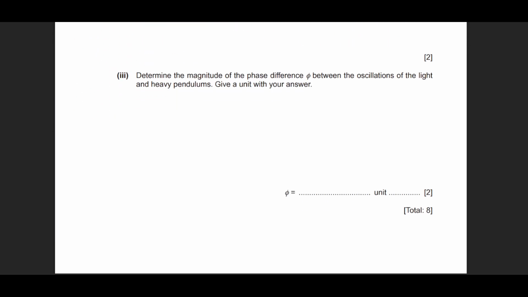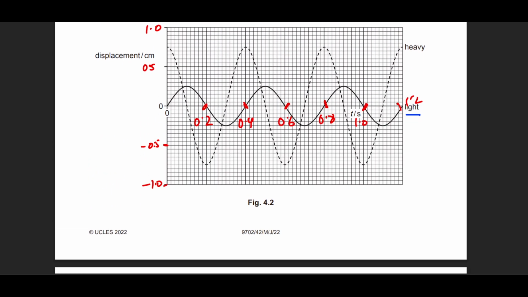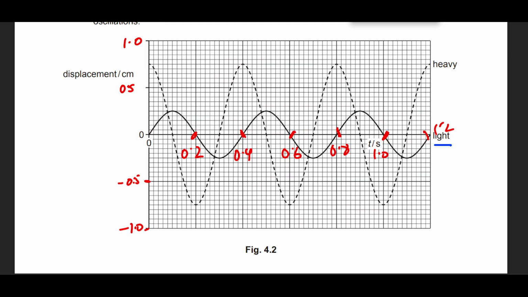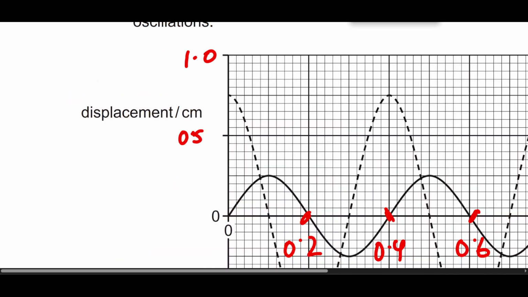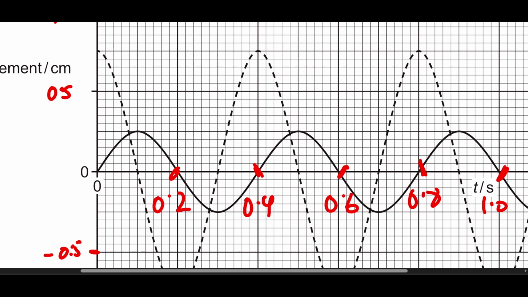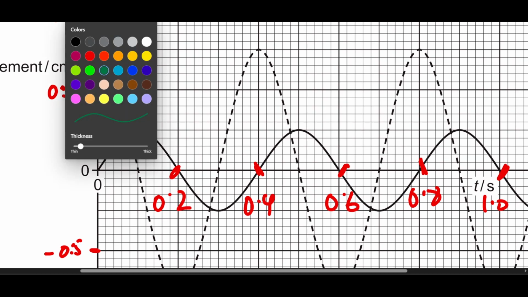Determine the magnitude of the phase difference between the oscillation waves. Now, very simple question. This is from an AS level question. Very, very easy. You could have visualized it from 2 to 3 different places. Let me do it for you. So let's zoom in and see where we could have picked the values. You could have picked the gap between the peaks.